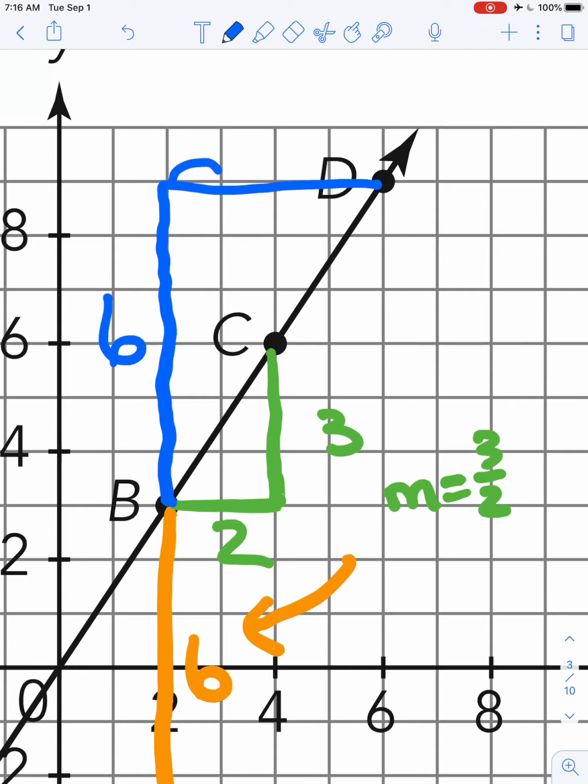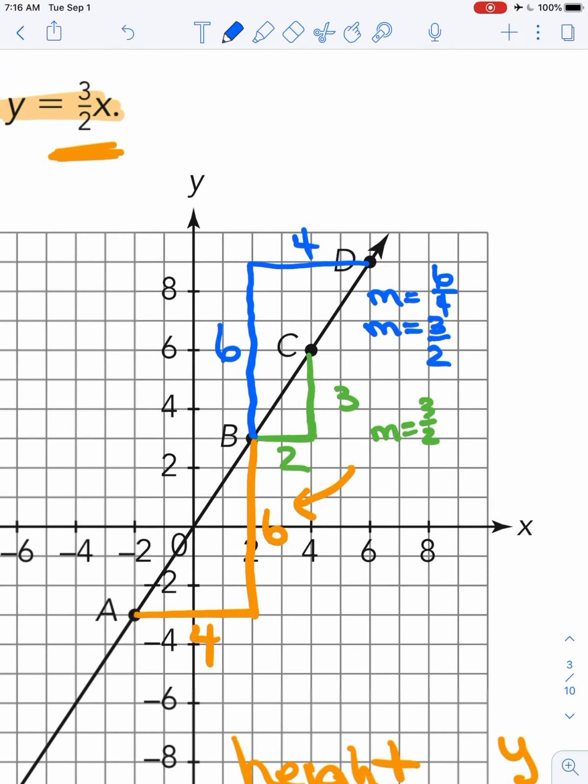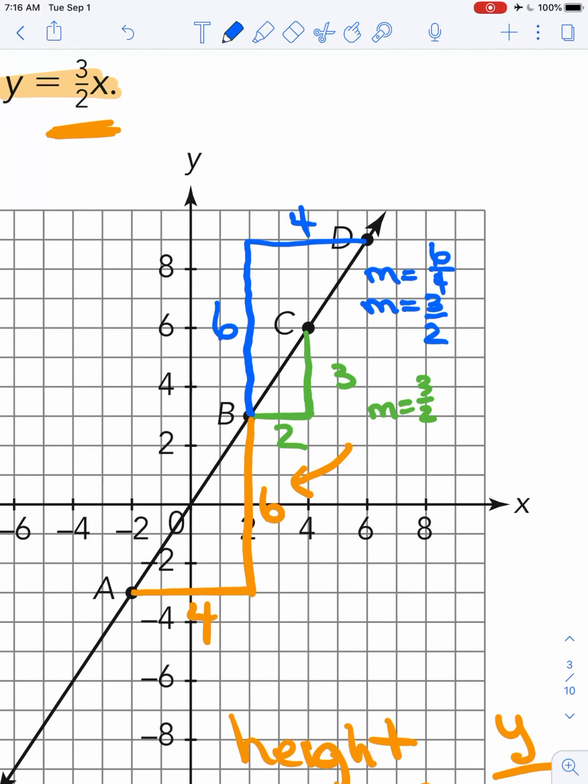We're going to go over 1, 2, 3, 4, and we have 4. So up here, we still are finding that it's 6/4, which is still 3/2. So all of these triangles are similar. First of all, they're all right triangles, and their sides are proportional.